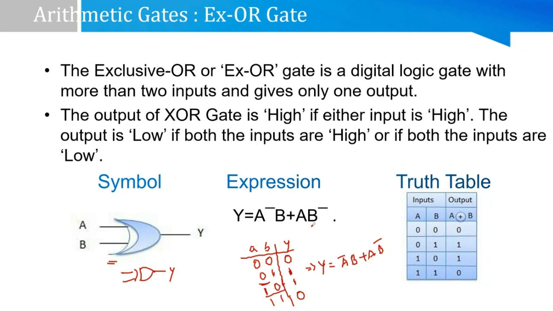So for error detection, you can use the XOR gates. Or, ma'am, for converting binary code into gray code. Yes, that is an XOR operation. Whatever you are doing in the binary to gray code converter, you will be using the XOR operation.